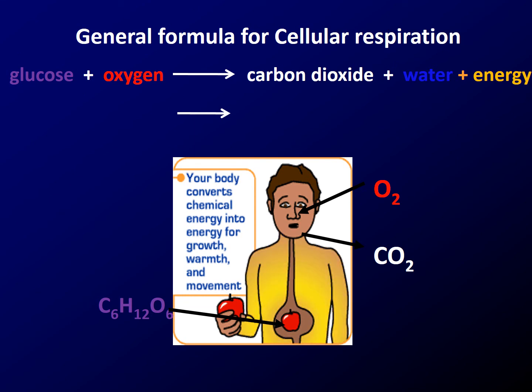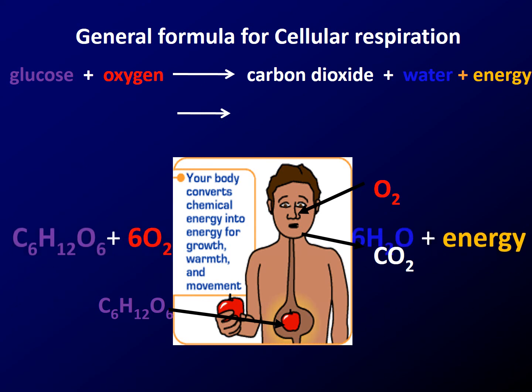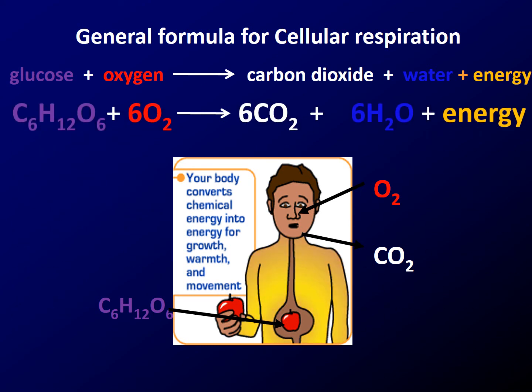As you can see in the general formula for cellular respiration, oxygen is taken in by animals in the form of glucose and the gas form of oxygen. Oxygen is then released into the atmosphere or the environment in the form of carbon dioxide and water.